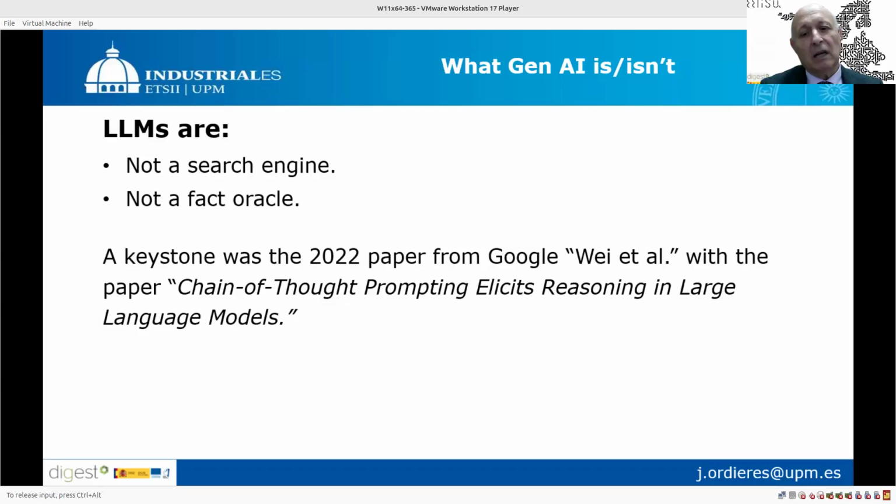This is what they call chain of thought: the idea of explaining or doing it step by step. At that time it was in the prompting, so it was in the interaction with the LLM, not inside the LLM itself.